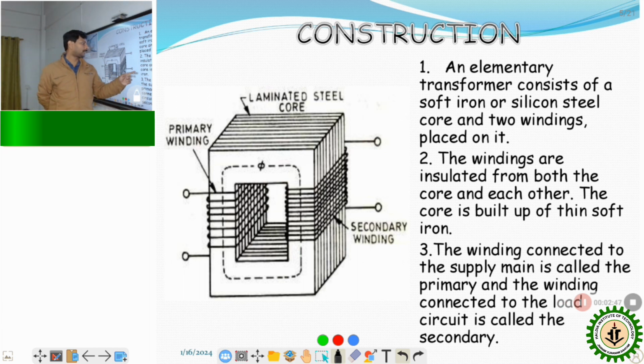The core is built up of thin soft iron. As you can see, there are a lot of laminations to reduce the eddy current loss, and these thin sheets are separated by varnish. The winding connected to the supply main is called the primary winding, as I have already told, and the winding connected to the circuit is called the secondary winding.